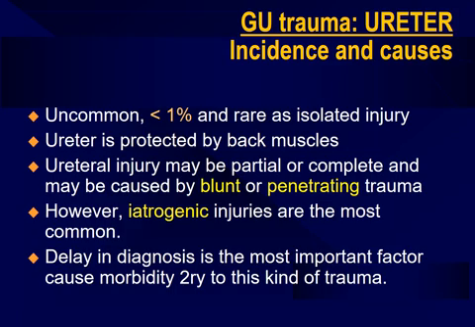Luckily, ureteral trauma is infrequent and constitutes less than 1% as an isolated injury in the urinary tract. The ureter is protected, as you know, by the back muscles. That's why it's very rare to have isolated ureteral trauma.